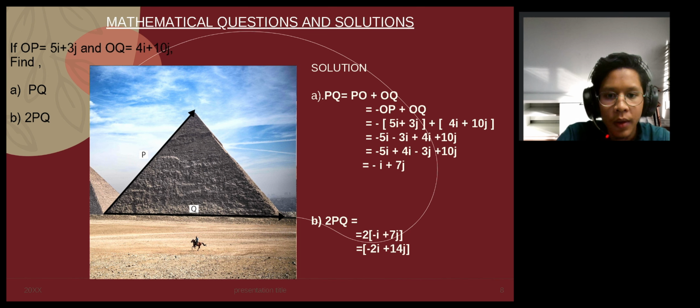Since we don't have PO, but we know that PO equals negative OP, PQ equals minus OP plus OQ. We can use basic algebra here and find that PQ is minus i plus 7j. Since we know PQ, we can multiply the answer and find that 2PQ equals negative 2i plus 14j.